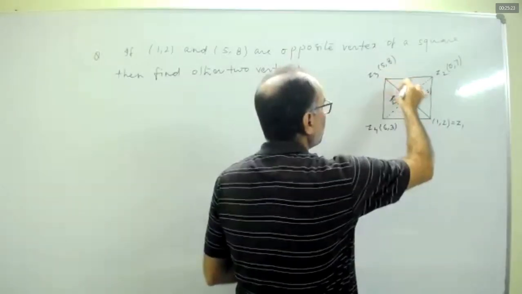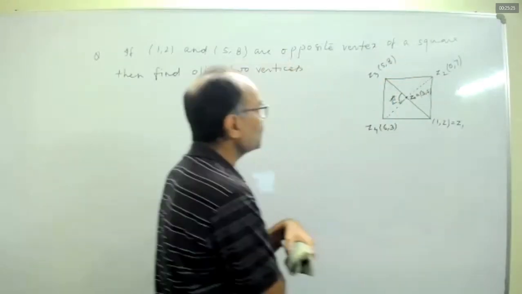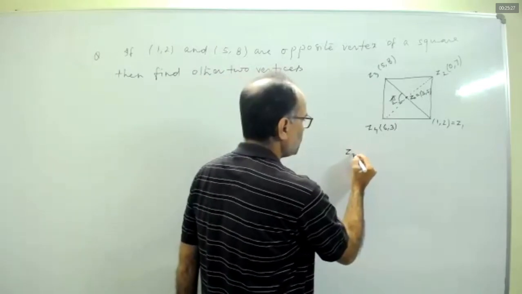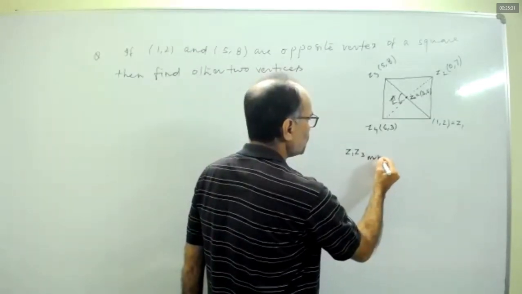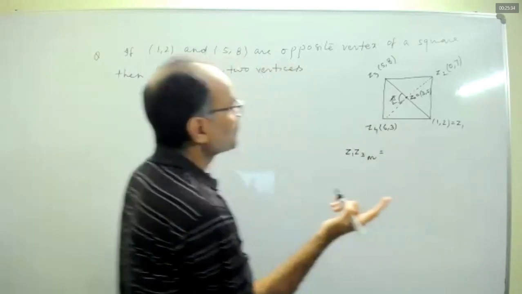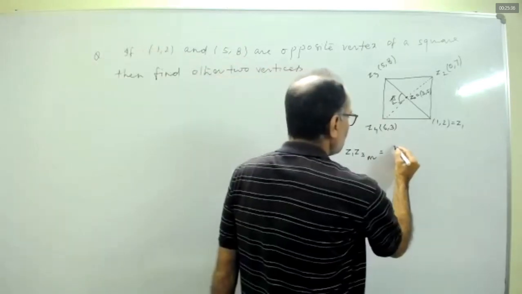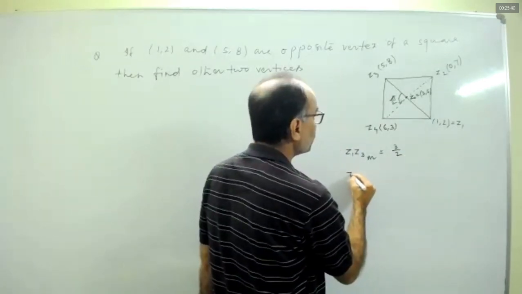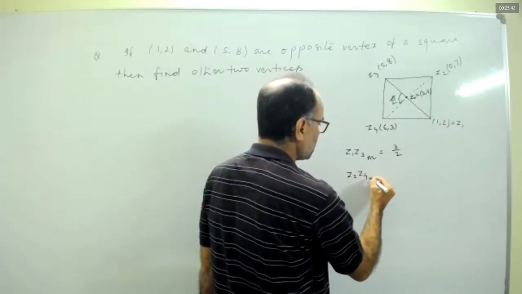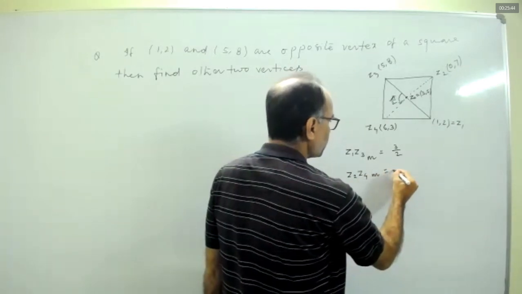What is the slope of Z1, Z3? Six by 4, 3 by 2. Slope of Z2, Z4, they're perpendicular: minus 2 by 3.